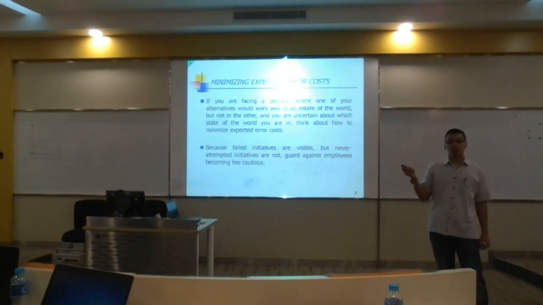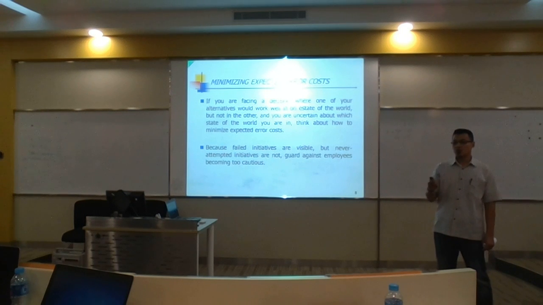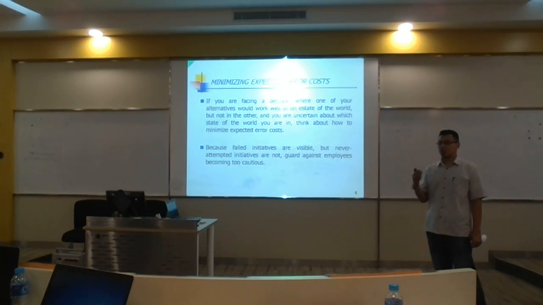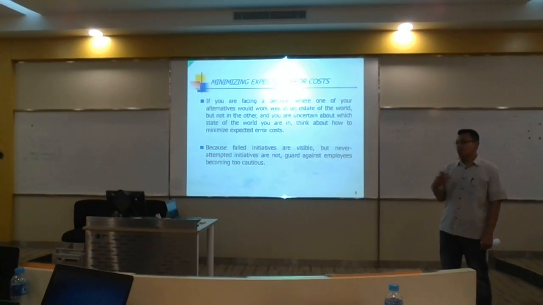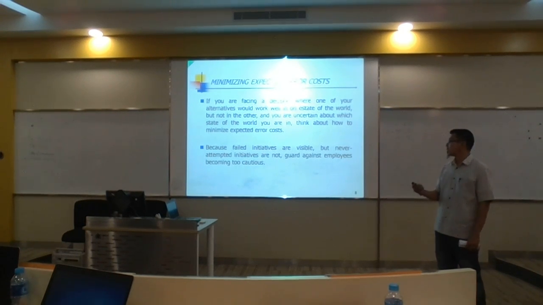This approach is used if you are facing a decision where one of our alternatives will work well in one state of the country, but in another state it won't work well, and we don't know which state we will be in.